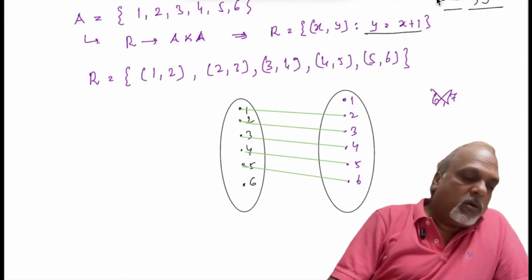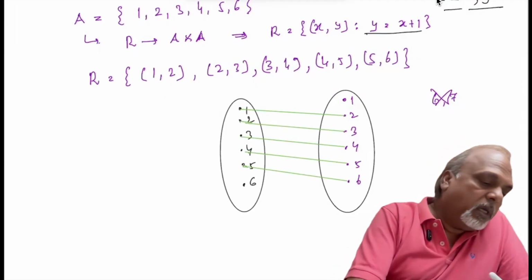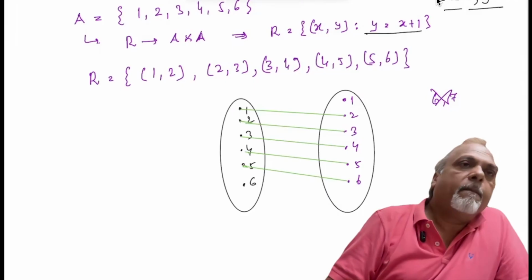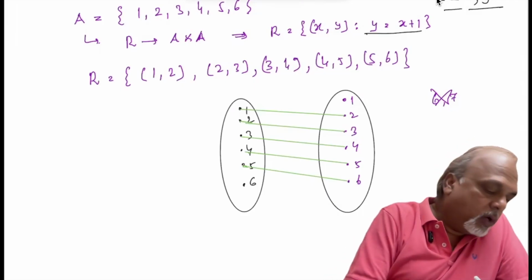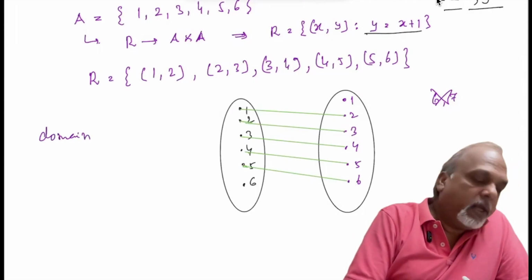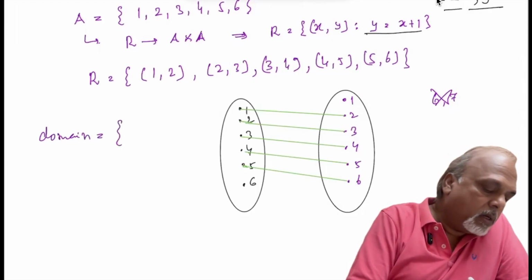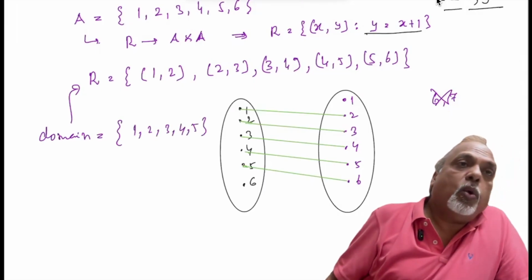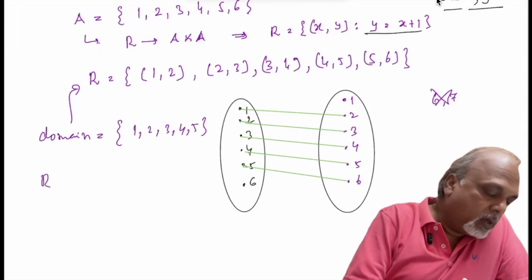Correct? Now, just see, what is the domain? Domain is basically the domain of this relation. Here 1, 2, 3, 4, 5. This is the domain. And what is the range?